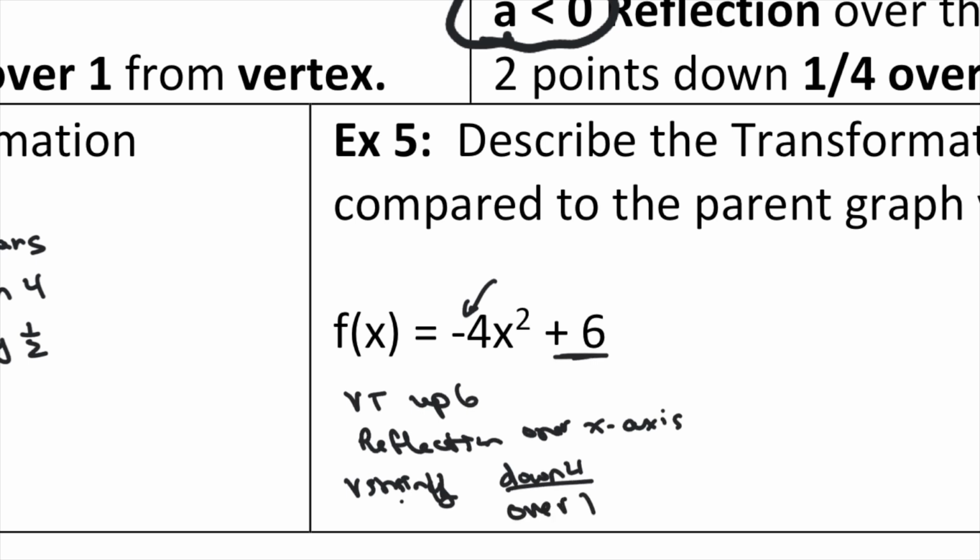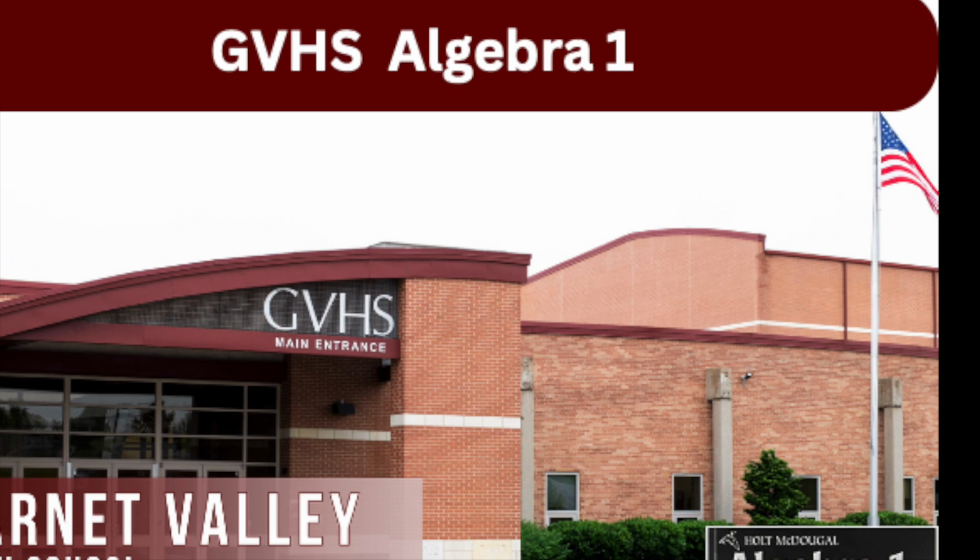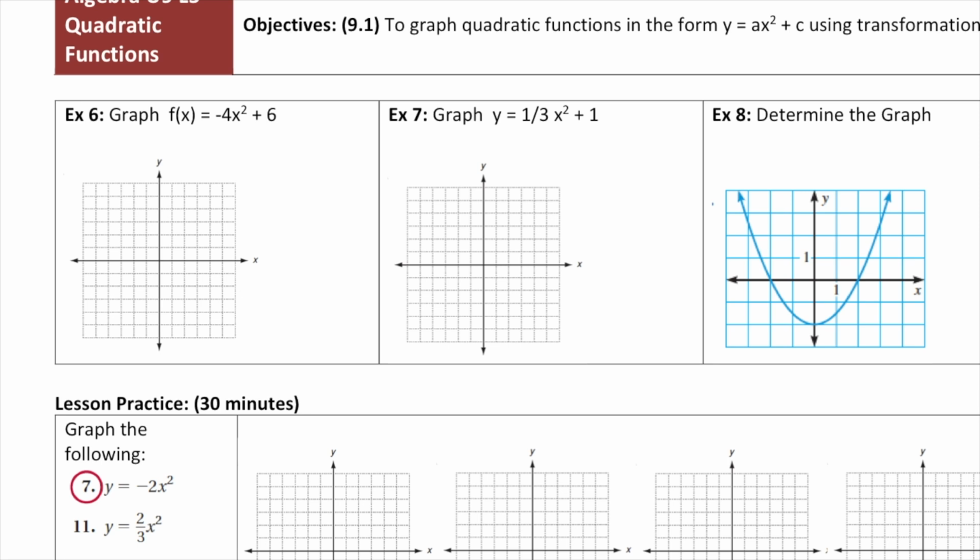Given our equations are in the form of y equals ax squared plus c, we're going to be able to graph without a table of values now. We're going to use these ideas of transformations in order to get our parent function, that parabola, in the correct position. So let's look at example 6. We know that we have a vertical transformation of up 6. 1, 2, 3, 4, 5, 6.